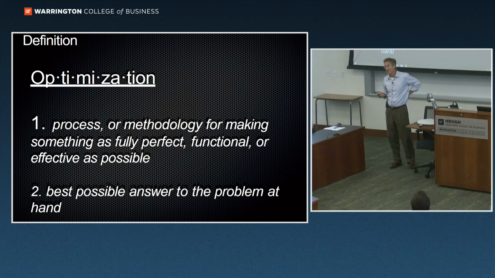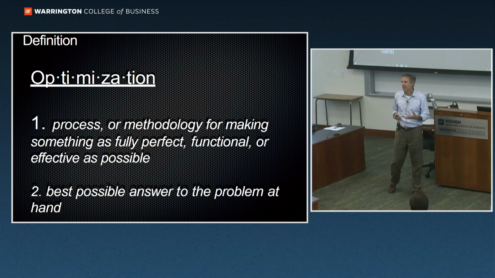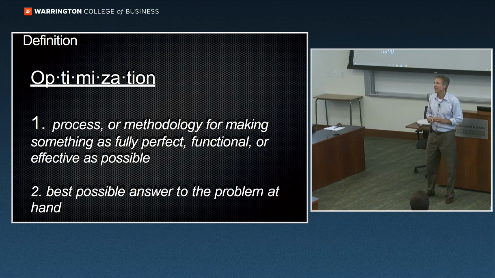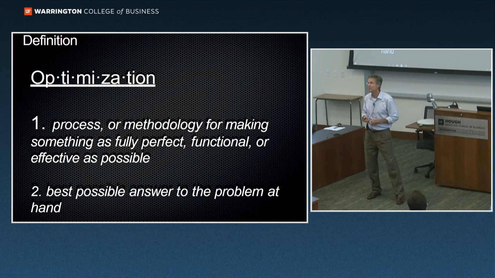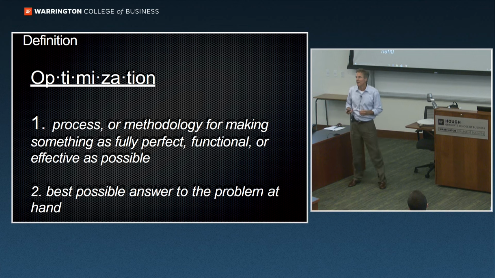So first off, the definition here of optimization. The key points here are the idea of trying to take something, a process, and make it as fully perfect or as effective as possible. The idea of answering the problem at hand.